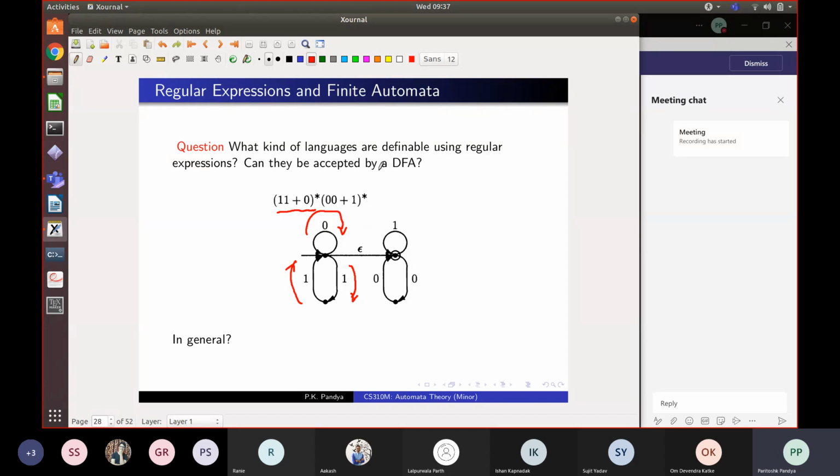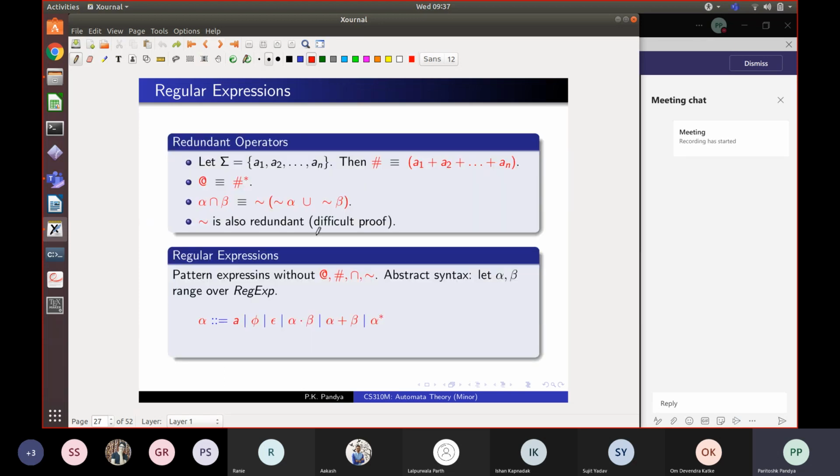So this was the intuitive conversion of a regular expression into an automaton. What are regular expressions? Regular expressions are constructed by giving what is called its grammar or its abstract syntax. That is, every letter of the alphabet constitutes a regular expression. The symbol phi constitutes a regular expression. The symbol epsilon constitutes a regular expression.